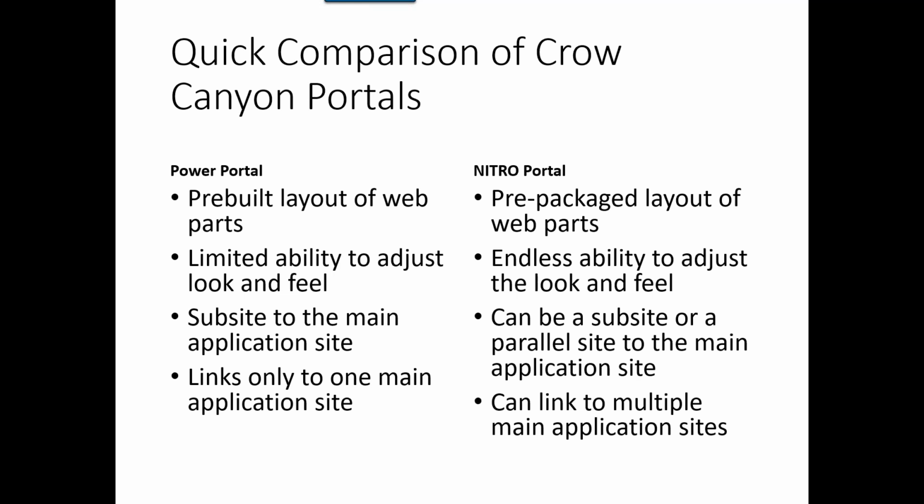It's a pre-packaged layout, which means when it's installed, it has a particular way the web parts are laid out, but that's changeable through editing the page. Whereas in the Power Portal, you can't change that without hard-coded actual code changes to the site.